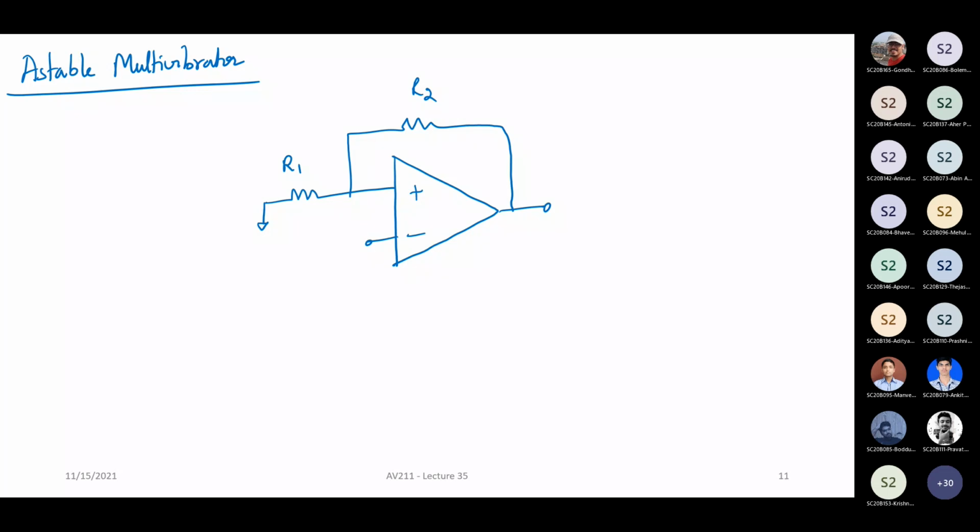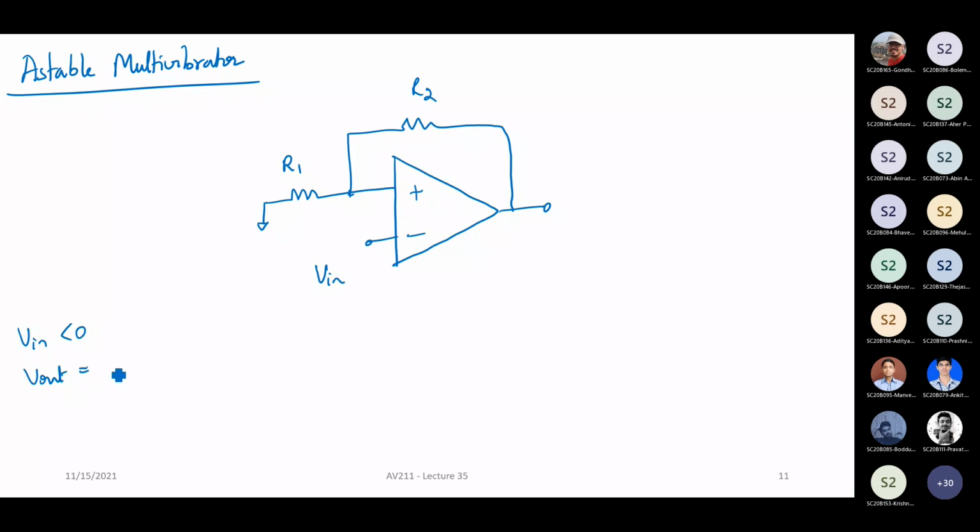Now, can you tell me what is the behavior of this Schmitt trigger? Let's say if this is Vin, what is the high threshold? Let us say my Vin is increasing from a negative value. We start off with Vin negative. Then what will be the output here?